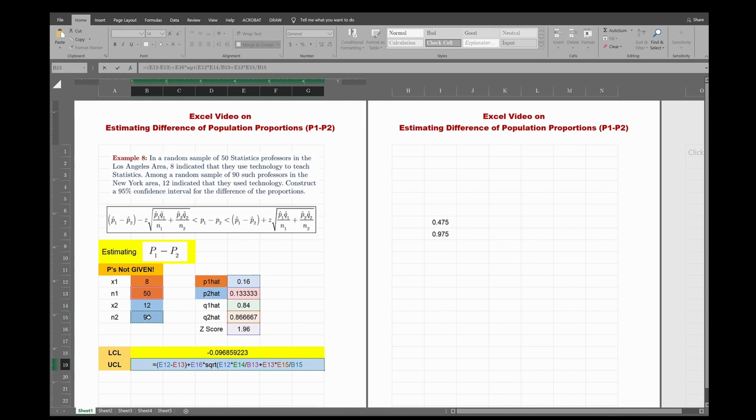So we click on that, close parentheses, and that's the right side of my confidence interval formula. So P1 minus P2 between minus 0.097, let's say, and 0.150, if I ask you for 3 decimal places.